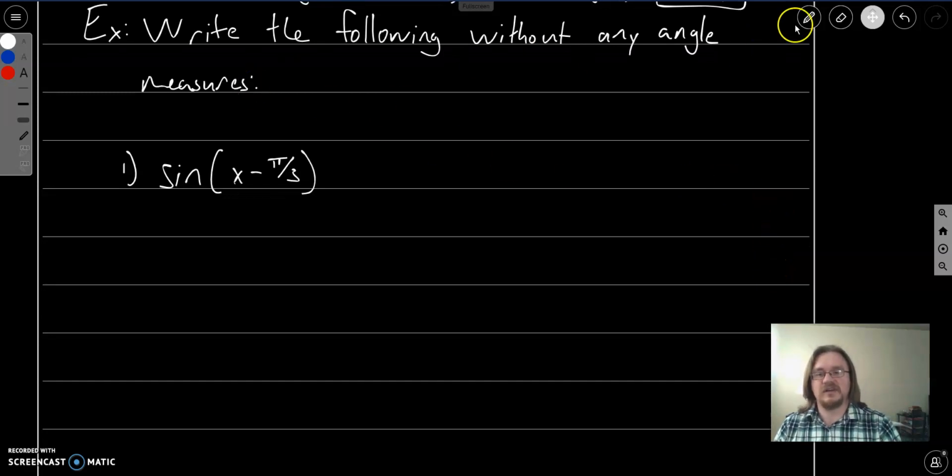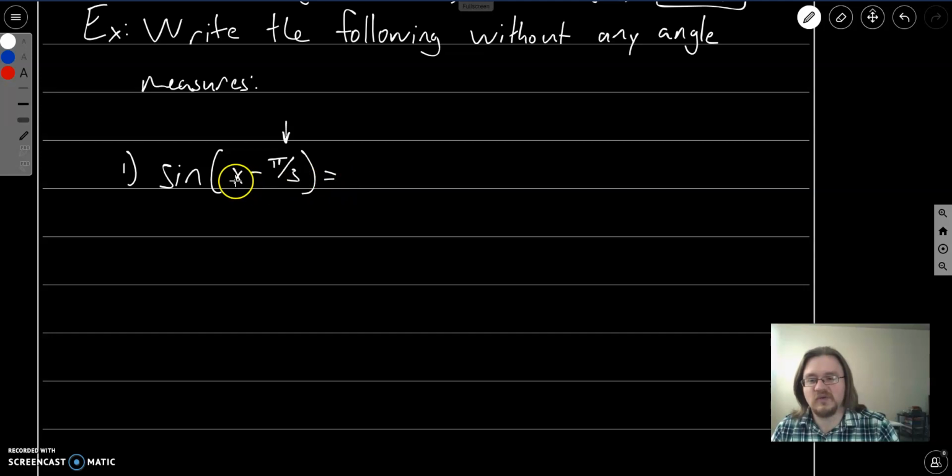So the next one, we want to write the following without any angle measures. So for instance, we have this angle in here written in radians, pi thirds. So if we want to get rid of that, we're going to have to try to expand this guy and get rid of those angles that are showing up. So we have a difference of angles here, and we've seen that we can split the sine apart.